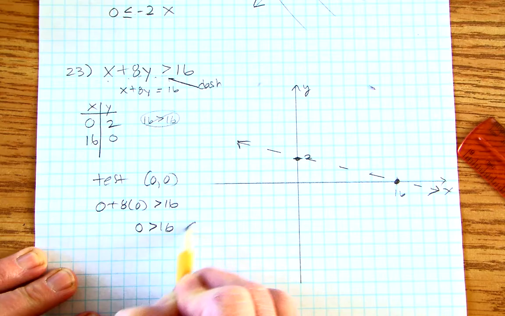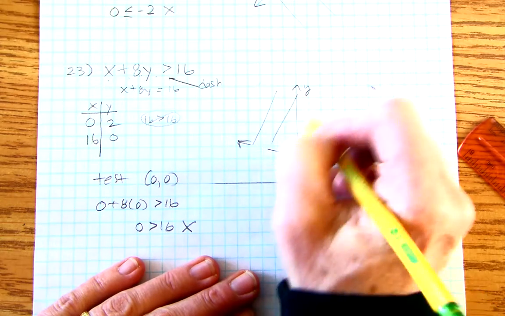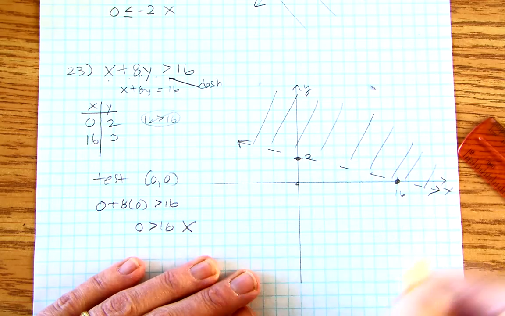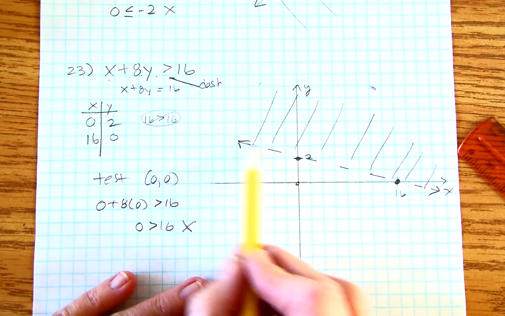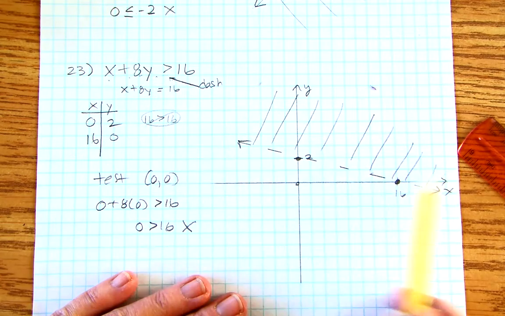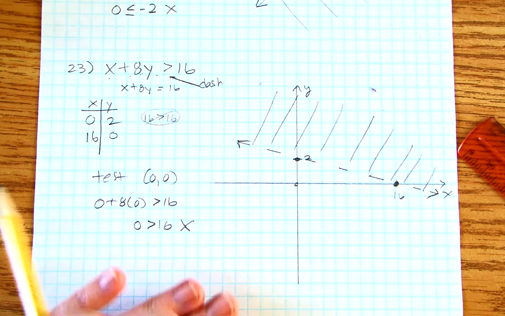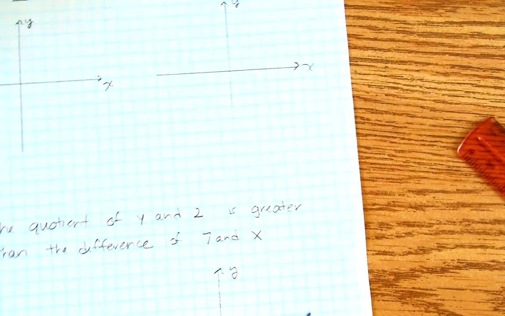I'm going to test 0. Zero greater than 16? No. So do I want to shade that side? No, and again, no point on this line will satisfy.